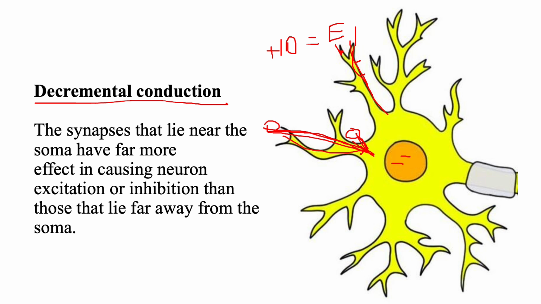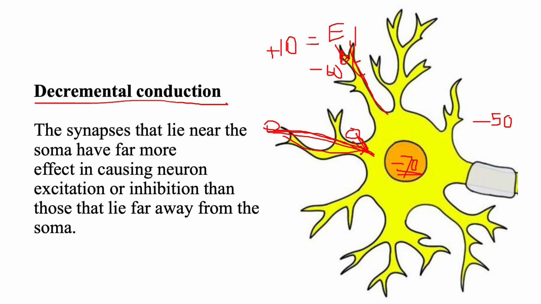And let's say that the resting state in this neuron is minus 70 millivolts, and the threshold here is minus 50 millivolts. So let's say this excitatory signal is plus 10 millivolts. That means the membrane potential will change from the resting membrane potential, minus 70, to minus 60 here.